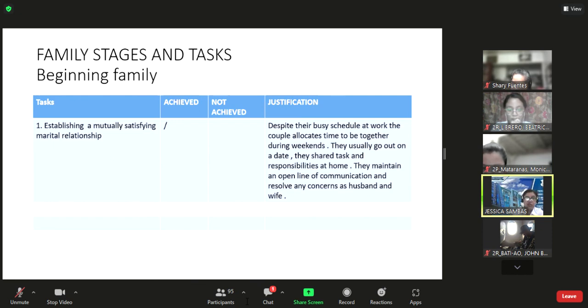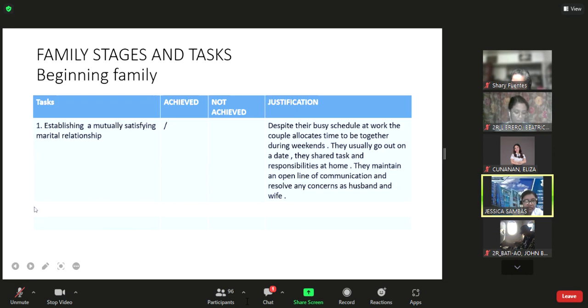Based on your assessment, the couple achieved this. So the justification: despite their busy schedule at work, the couple allocates time to be together during weekends. They usually go out on a date, they share tasks and responsibilities at home, they maintain an open line of communication, and resolve any concerns as husband and wife.